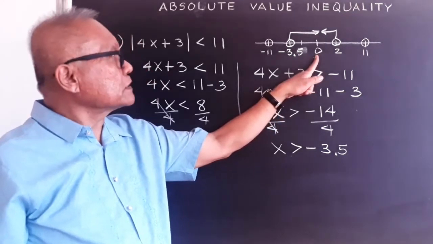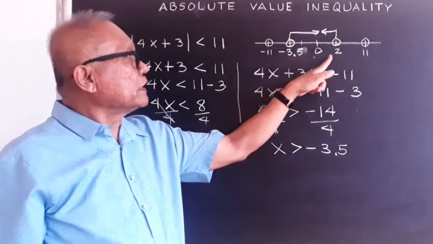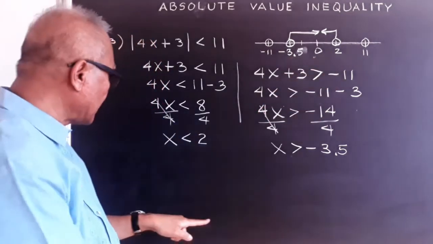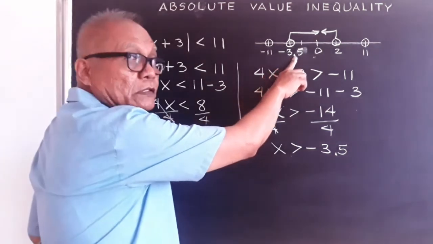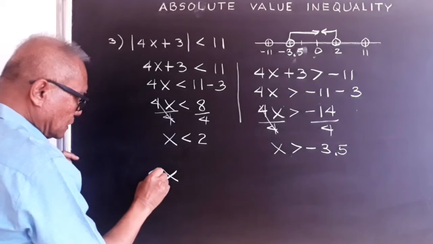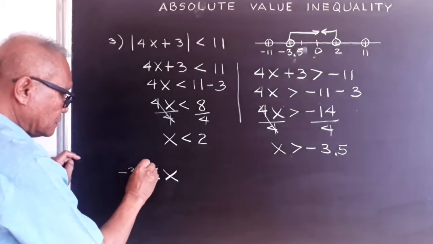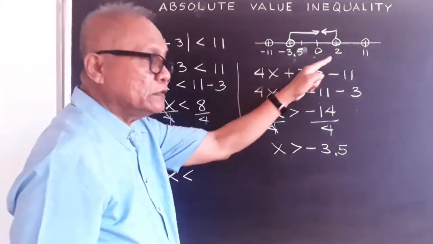So x is greater than negative 3.5 and less than positive 2. So when we write that one, we have x greater than negative 3.5 without equals here and less than 2 here.